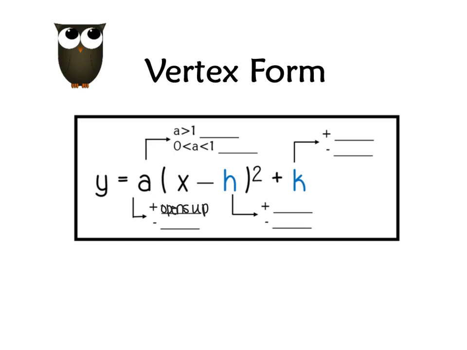And if you had a negative, it's going to open down. If your A value was greater than 1, your graph would have gotten skinny. And if your A was a fraction between 0 and 1, it would have gotten wider.